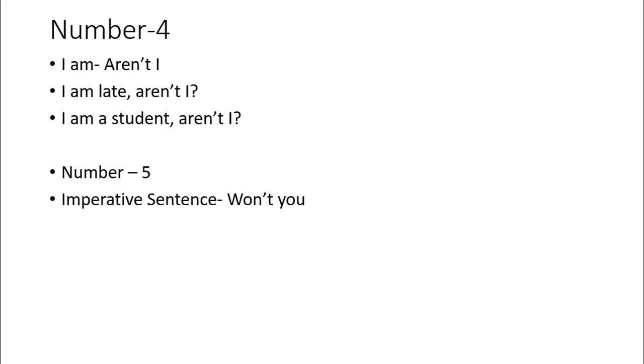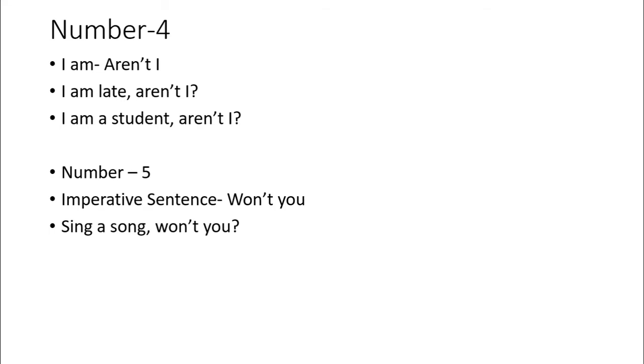If we have an imperative sentence as our given sentence, then we have to use won't you to make the tag question or question tag. Dear boys, I'm repeating again: for an imperative sentence, we use the auxiliary verb won't you. Here we have some examples. Sing a song. Sing a song is an imperative sentence.